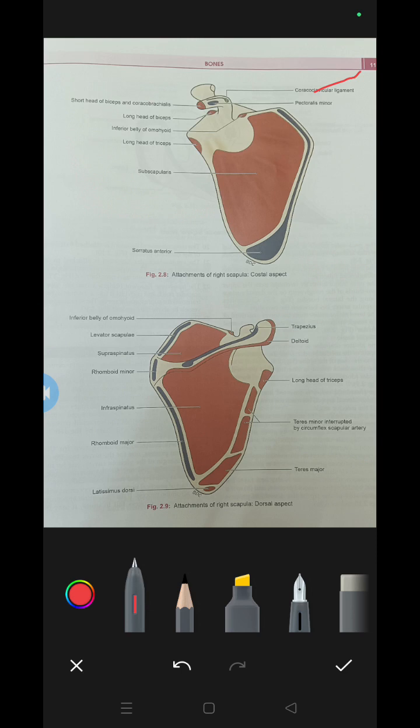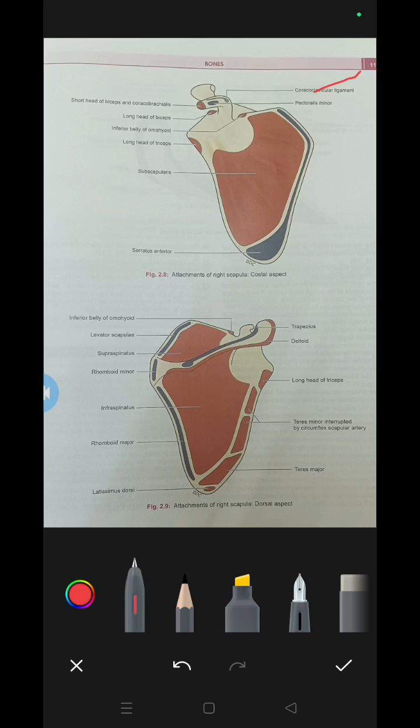The transverse ligament bridges across the suprascapular notch and converts it into a foramen which transmits the suprascapular nerve. The suprascapular vessels lie above the ligament. The spinoglenoid ligament may bridge the spinoglenoid notch. The suprascapular vessels and nerve pass deep to it.